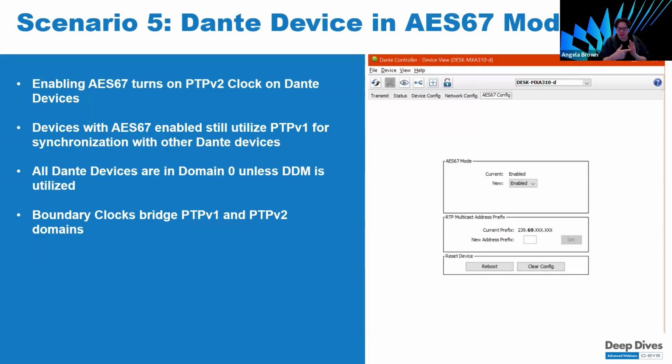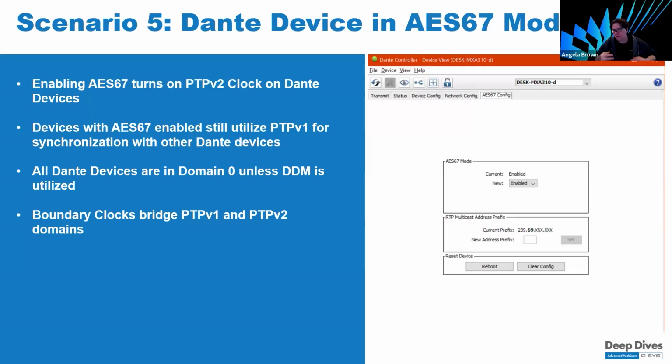It's going to have a port that is talking PTPv1, and a port that's talking PTPv2. And it will become the bridge or boundary clock between those two protocols. You can have the boundary clock be the leader on both PTPv1 and PTPv2. Remember, you can be a leader on multiple, but you can't be a follower on multiple.